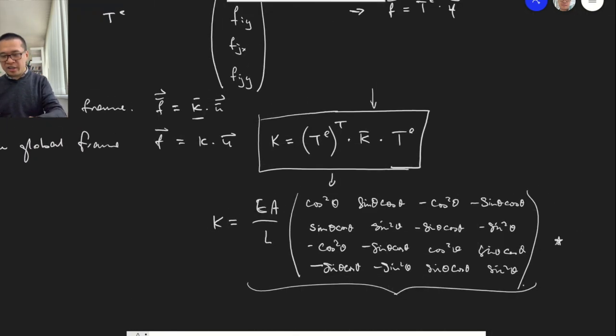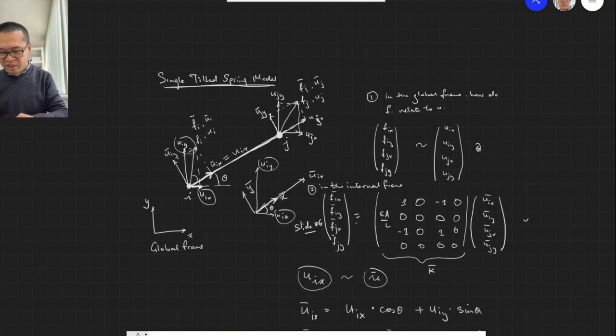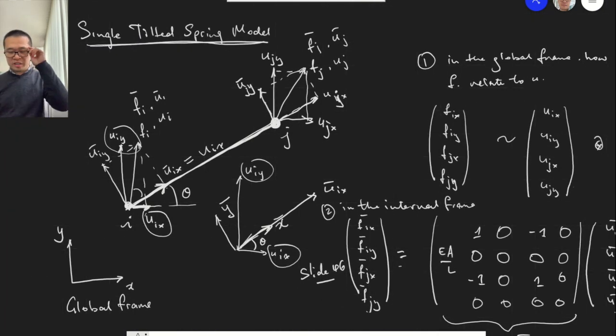But the key idea here is to understand, there is lots of complicated math in this, but the most important thing to take home from this exercise is that I have some loading on an arbitrary direction, which we don't know what this phi angle is, but I can work it out based on the component that is orthogonal or parallel to the global frame and the other component that is parallel to the internal frame.